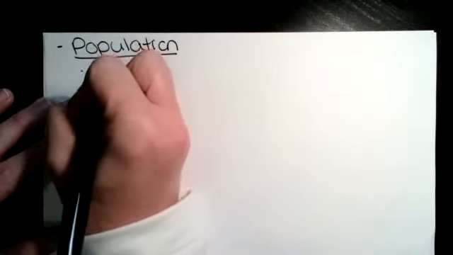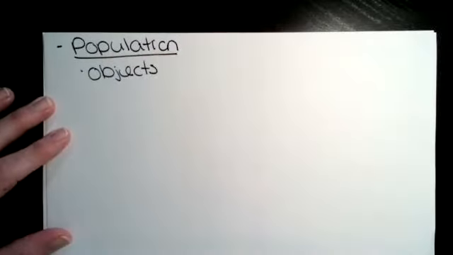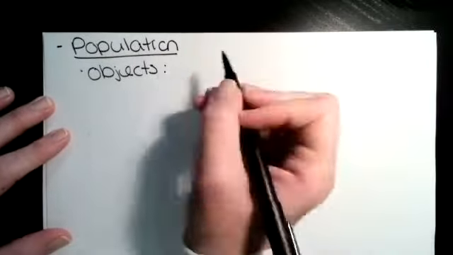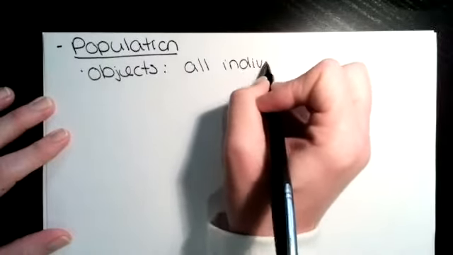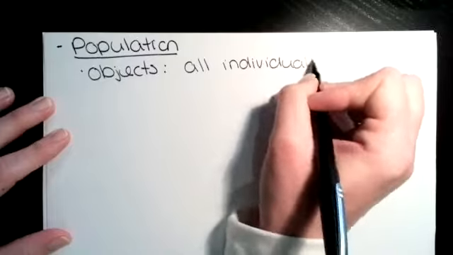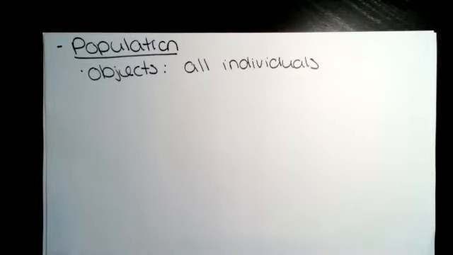So the first thing are the objects. So the objects are like the who, right? So the objects are all individuals. Now, I want you to know, this is not all individuals in the sample. This is all individuals that we're going to project. So in the population.